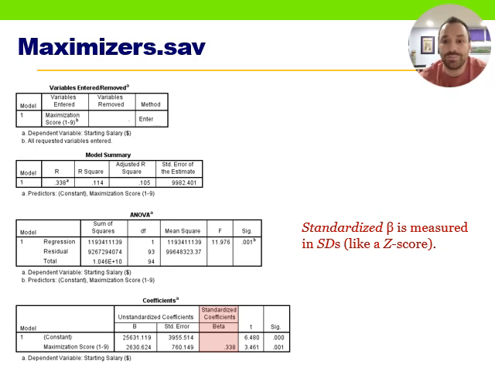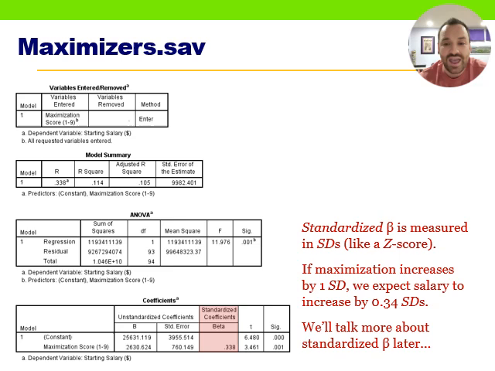This is just a number, kind of like a z-score, if you remember those from basic stats. And as we'll see in a few weeks, what the standardized coefficient is going to allow us to do is compare different predictors against each other. So it quite literally gives us a way of comparing apples and oranges if we have two predictors and we want to know which one's better, which one's stronger.